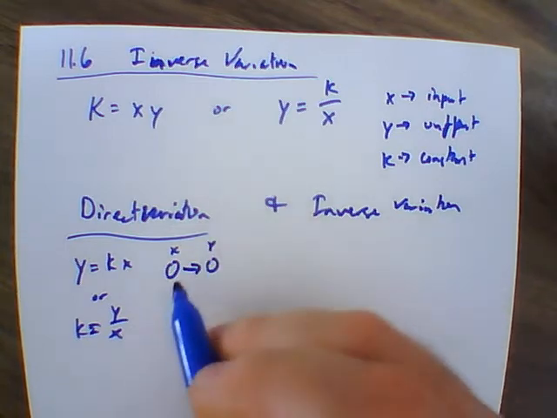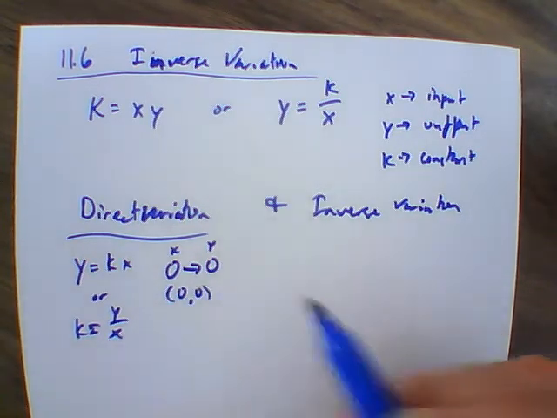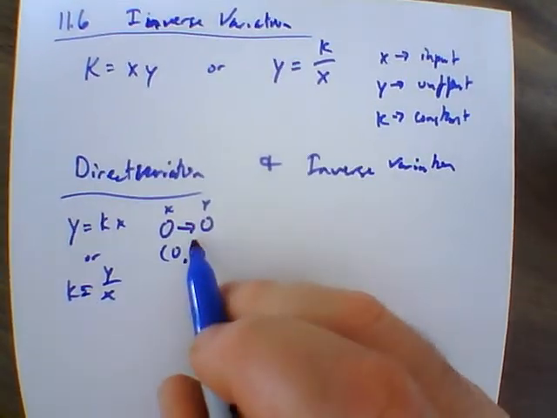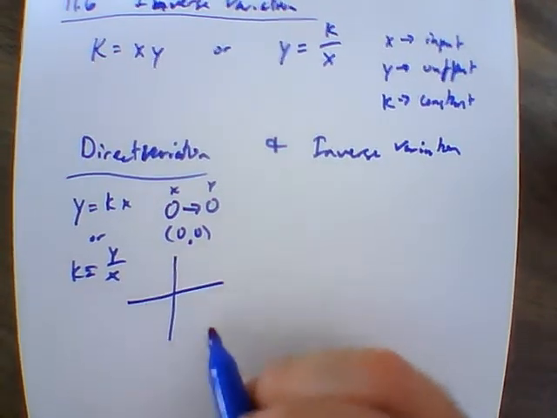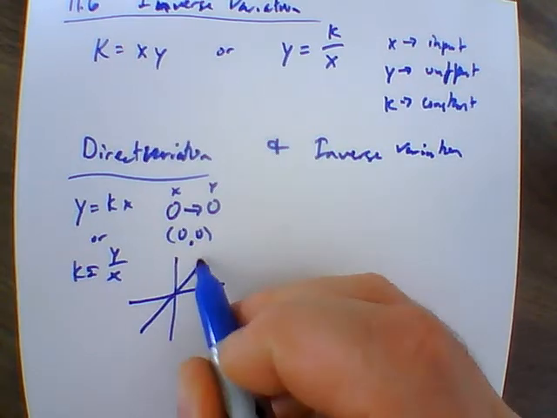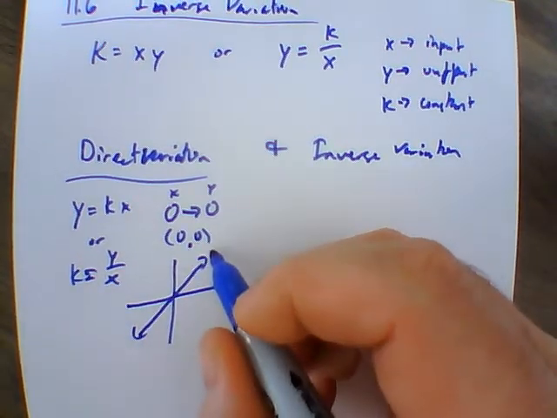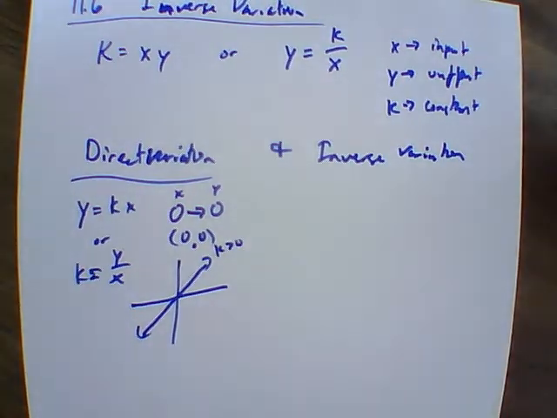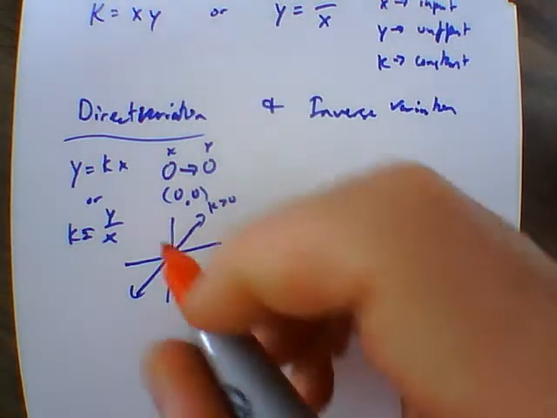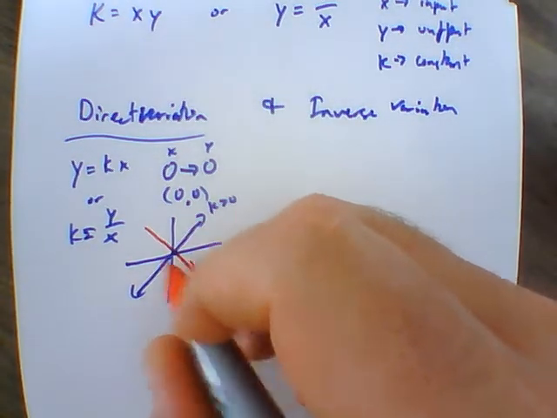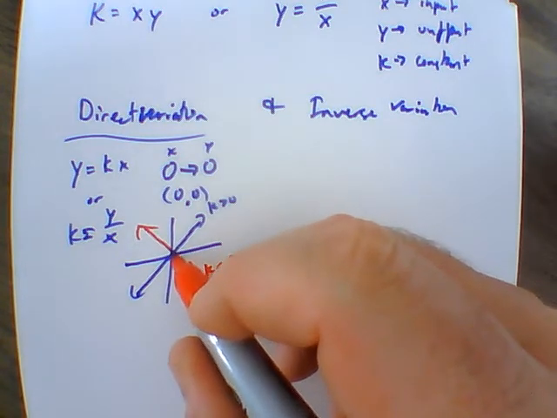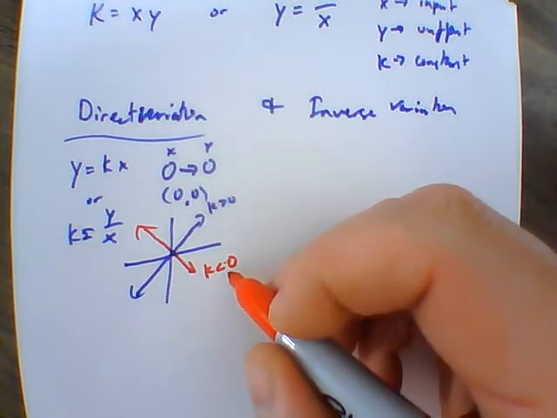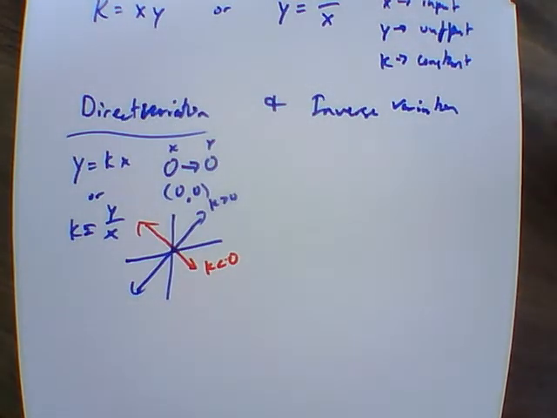So x and y, we had to have that coordinate point of 0, 0. So on our graph, we talk about having a positive k, so k is greater than 0, or we could have a negative k. Once again, when k is less than 0, 0 goes to 0, but we have a negative going with it.